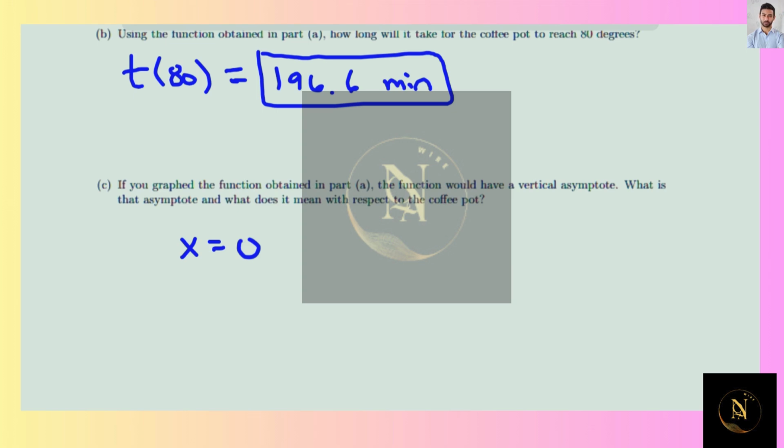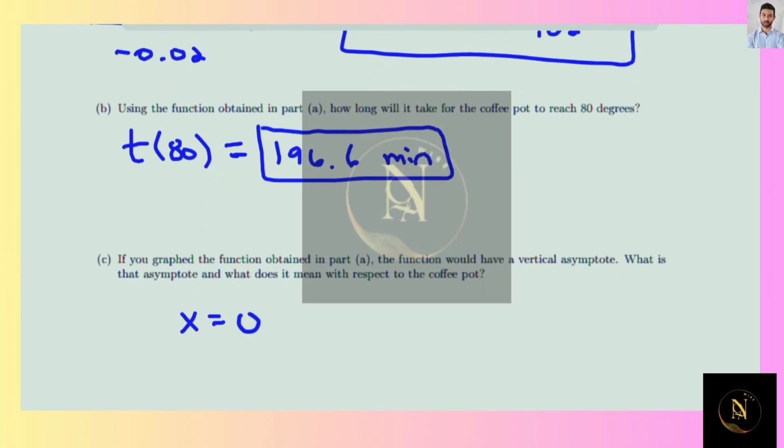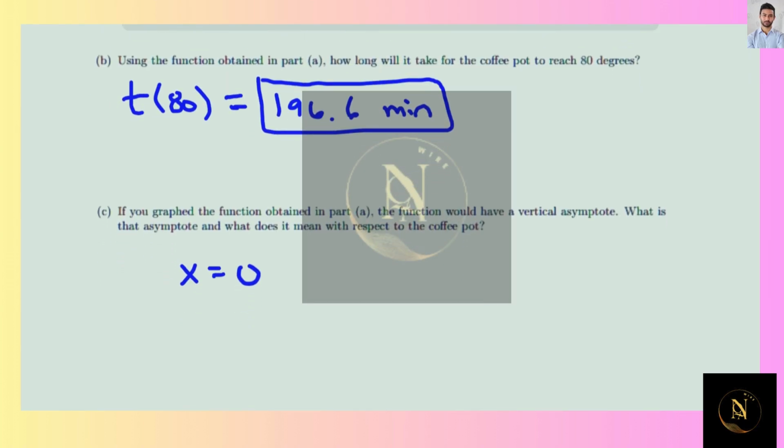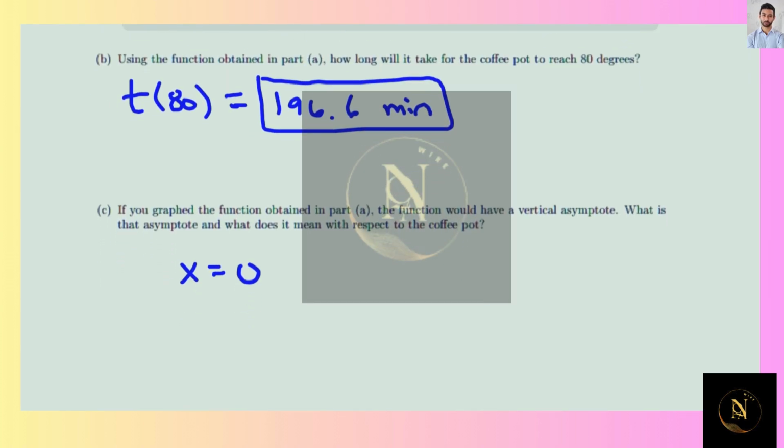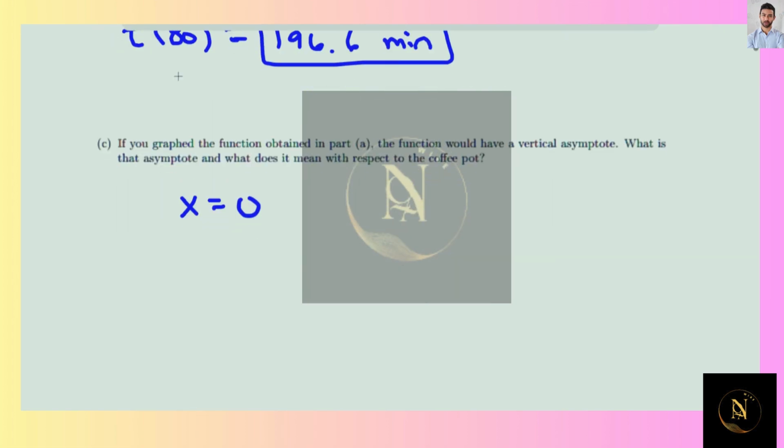What would it mean with respect to the coffee pot? That would be before the shift, though. But because of this shift to the right 78, that vertical asymptote would actually not be at 0. That would be its parent function, but it would be at 78.